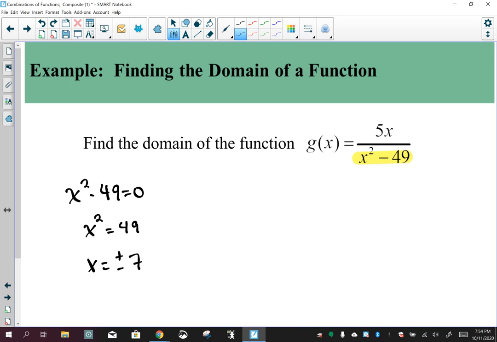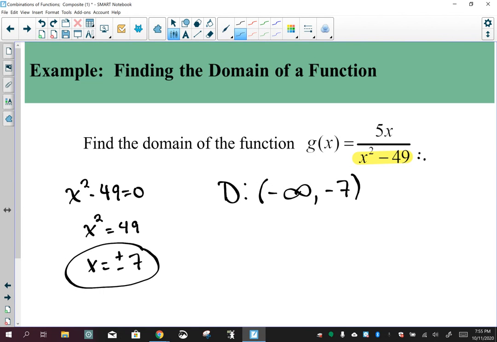So when I write my domain, I'm going to have to do something about this here. Because these two numbers, 7 and negative 7, make this denominator right here go to 0. So since these are my only exclusions, this is what I know. I'm going to start at negative infinity, and I'm going to keep going until I get to negative 7.